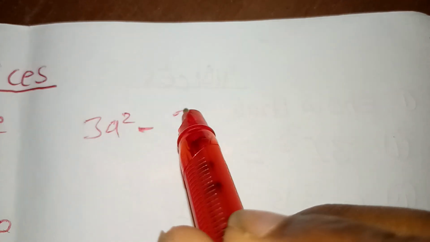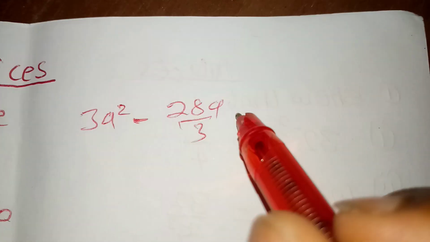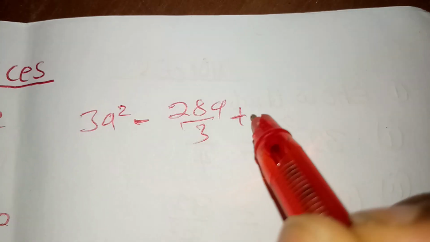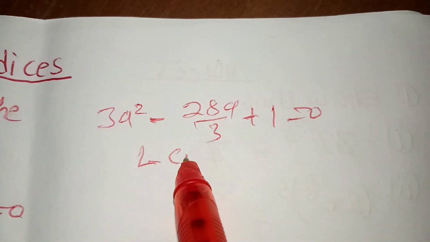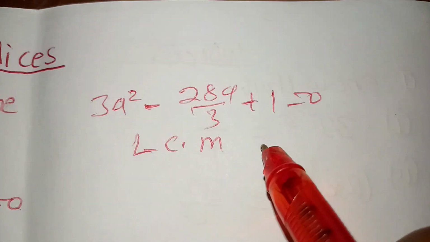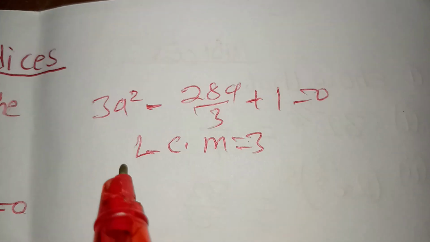Having gotten that, now 3a squared minus 28a divided by 3 plus 1 equals 0. Now we realize that our LCM here is 3. Our LCM here is 3. So we multiply through by 3.